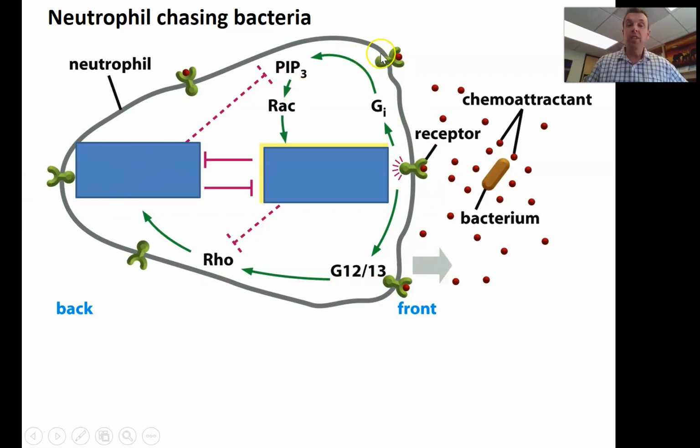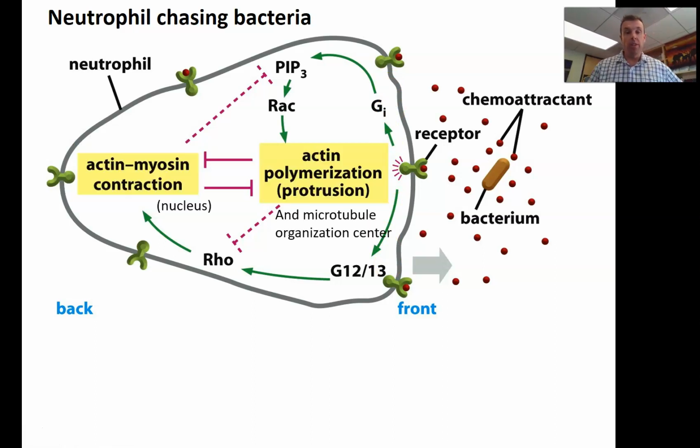So if this is the side we want it moving forward, what signaling molecule should we activate over here? Well, the signaling molecule that should be activated over here is the Rac for actin polymerization, and the signaling molecule that should be activated behind it is Rho.